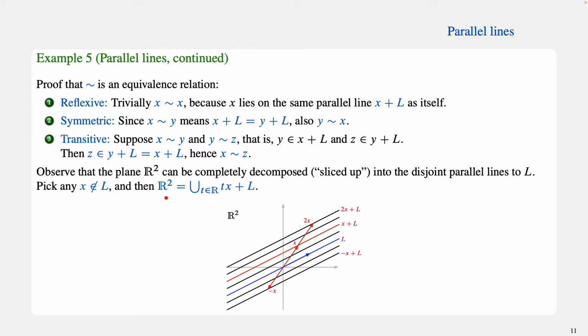So again, we have our set on which we have the equivalence relation decomposed as a disjoint union of these sets of equivalent elements.